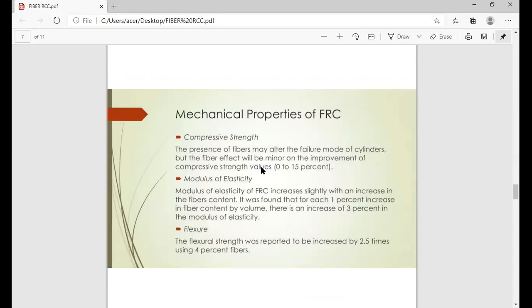It was found that for each 1% increase in fiber content by volume, there is an increase of 3% in the modulus of elasticity. Flexure strength was reported to be increased by 2.5 times using 4% fiber.